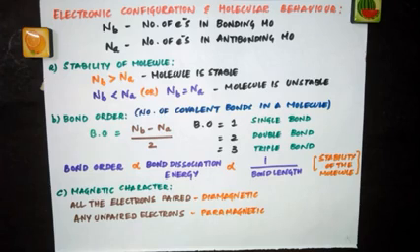So remember, when there are unpaired electrons in the molecule, then the particular substance is paramagnetic, which means it is attracted by the magnetic field. If all the electrons are paired, then it is diamagnetic, which means it is repelled by the magnetic field. So this information you can get from the molecular orbital diagram.